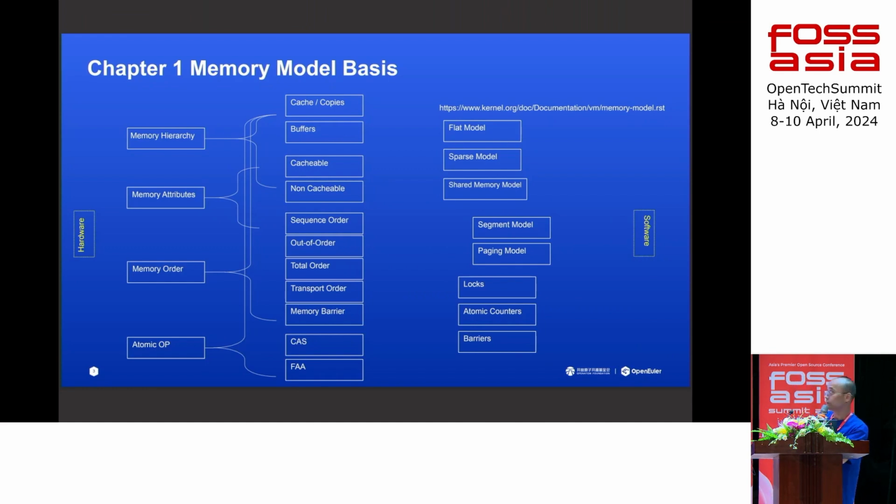In short, the memory model is a set of rules for memory users about how to use memory. Generally, there are two kinds of memory users. One is hardware and another is software.